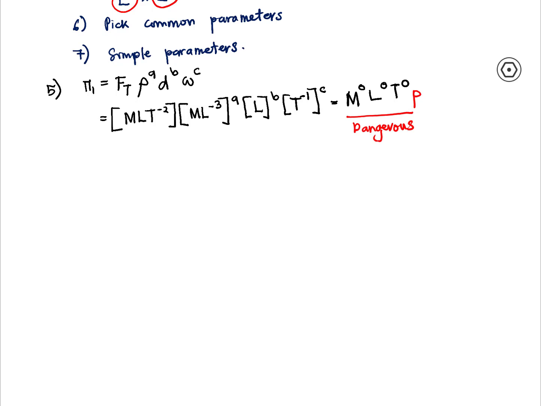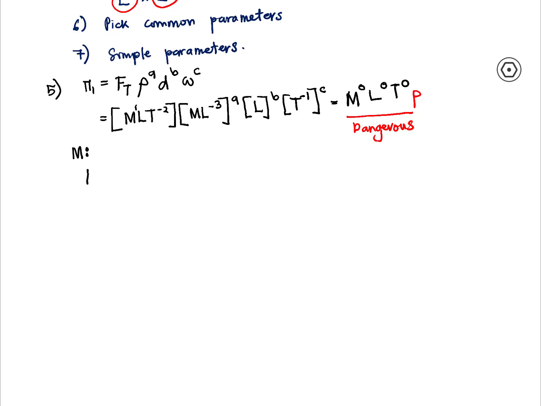Why? It can explode. Okay, we have to segregate between M, L and T. So first we determine for M. M to the power of 1.